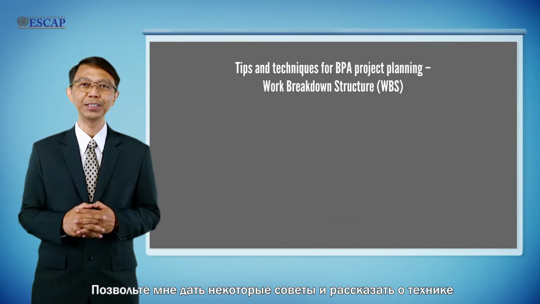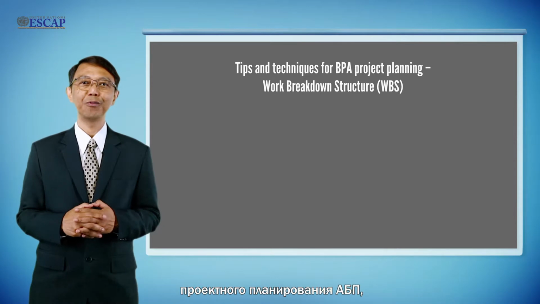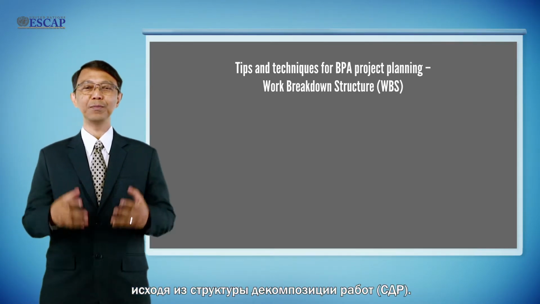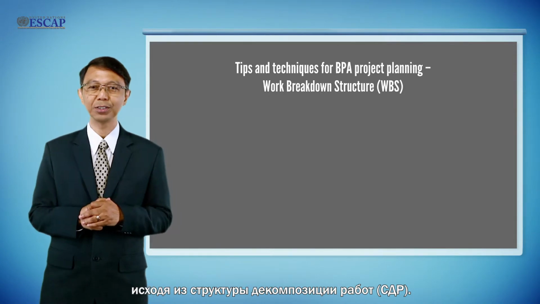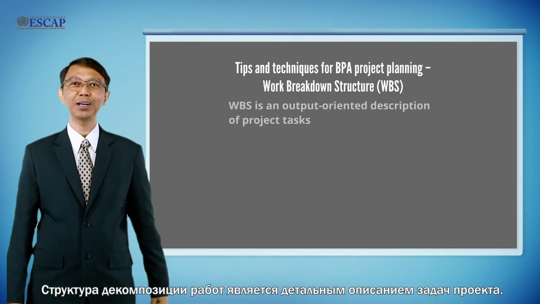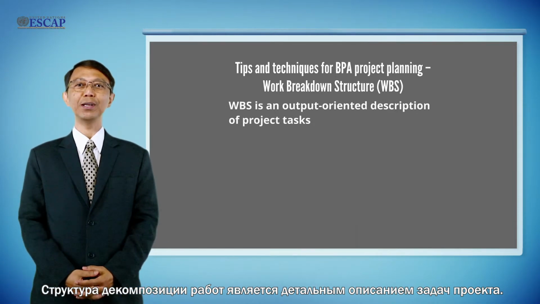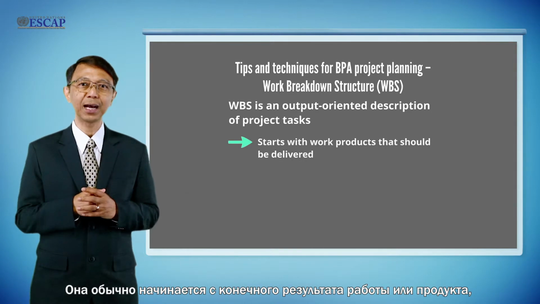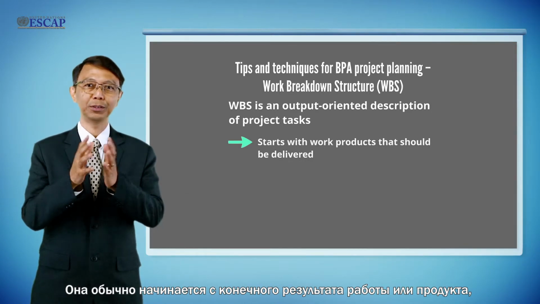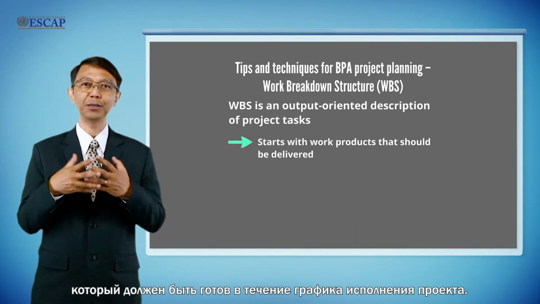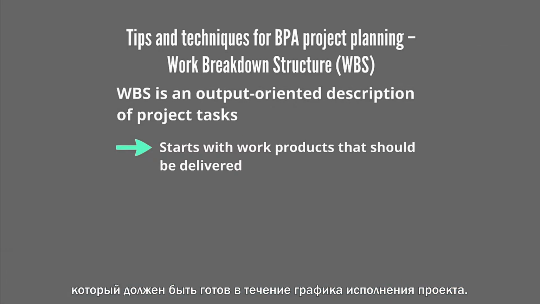Let me introduce some tips and techniques for BPA project planning based upon the concept of work breakdown structure, or WBS in short. A work breakdown structure is an output-oriented description of project tasks. It typically starts with outputs or expected work products that should be developed or delivered during the course of project execution timeline.